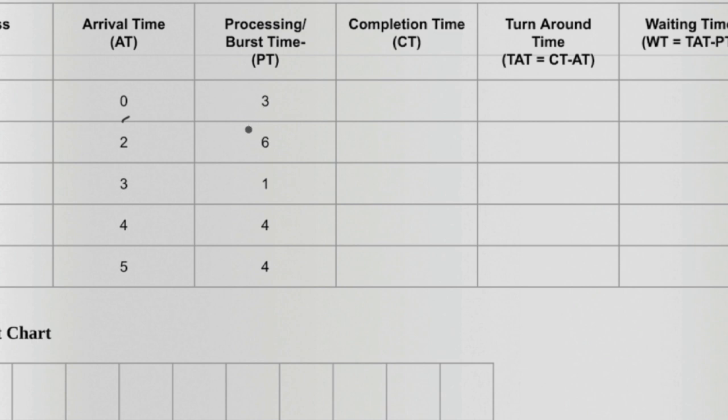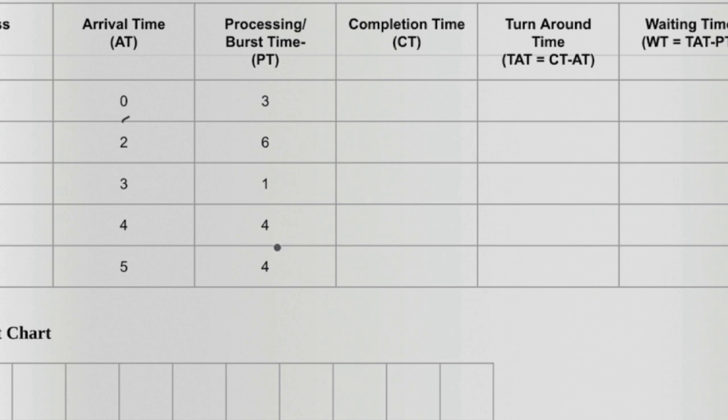And since it has 3 processing time, we are not going to run it for 3 units like we did in other scheduling algorithms. The reason is that this is preemptive. Preemptive means that we need to allow other processes also to get a chance of execution.